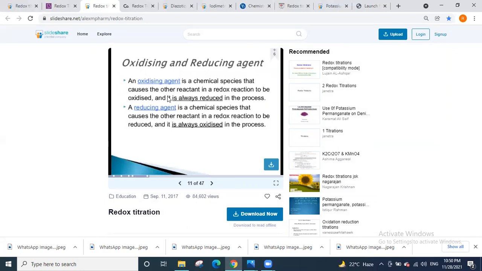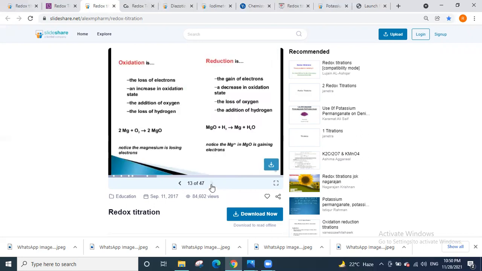A substance that is able to oxidize the other one and is itself reduced is an oxidizing agent, or the reverse one, the reducing agent, has the property that it reduces the other component but is itself oxidized. Okay, and these are the basic properties of oxidizing and reducing agents.